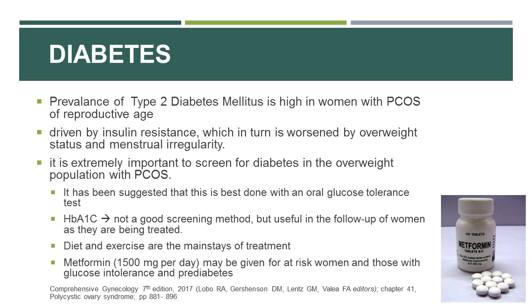Diet and exercise are the mainstays of treatment for patients who have diabetes and are obese. Metformin at a dose of 1,500 milligrams per day may be given for at-risk women and those with glucose intolerance and pre-diabetes.